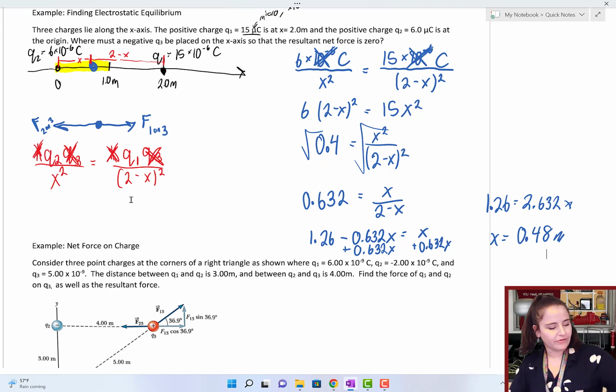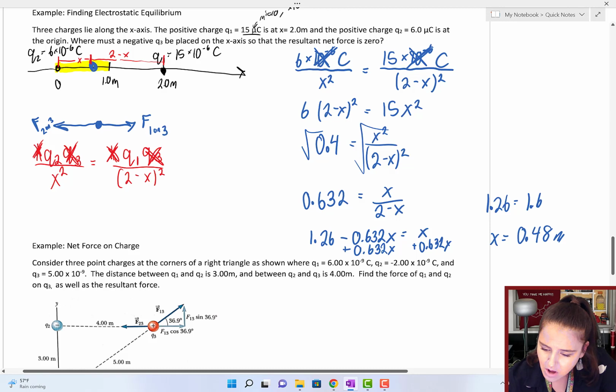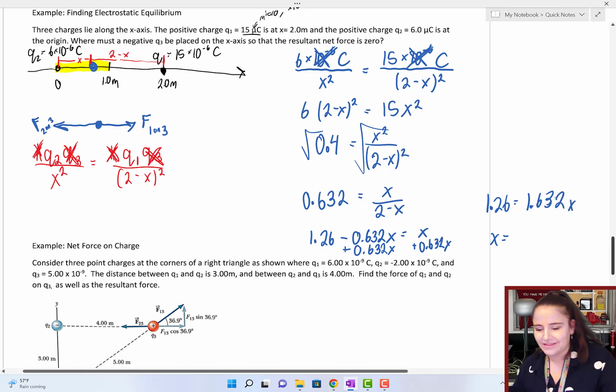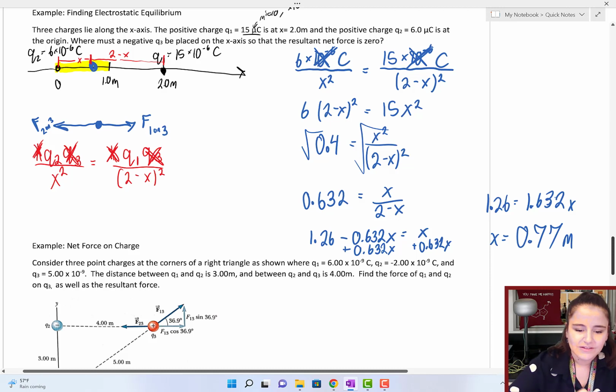I figured out where I went wrong. 1 plus 0.632 is 1.632, so the answer is 1.26 divided by 1.632, which is 0.772. So this should be placed at 0.77 meters.